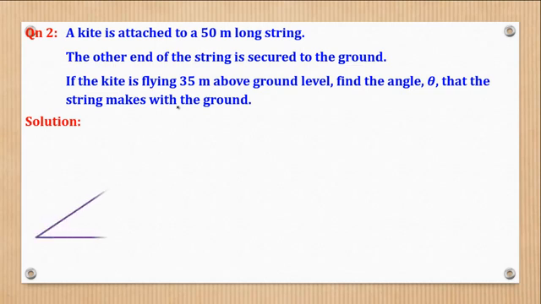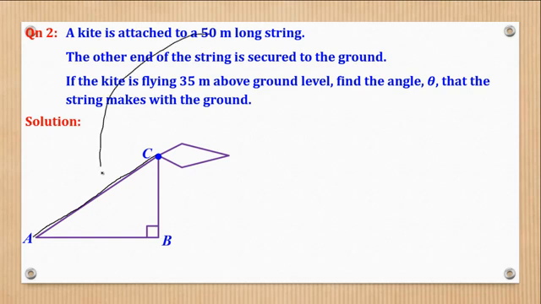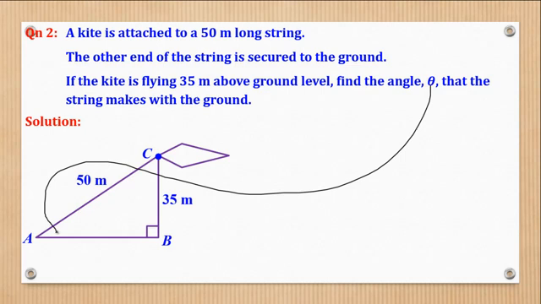So still, there will be a right angle triangle where this will be the point where the kite is, and this is the string. They told us the string is 50 meters long, so you can put 50 meters there. Then they told us it is at a height of 35, so you shall put 35 there. Then they asked for the angle theta, so you shall put theta there.